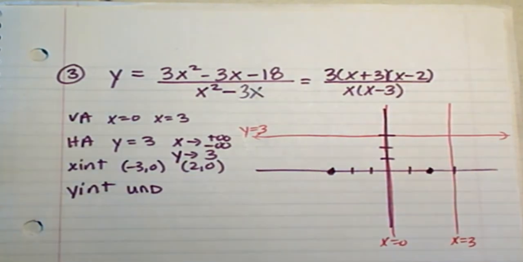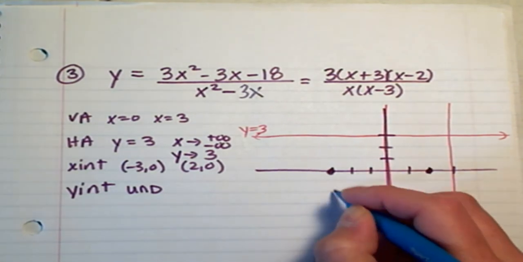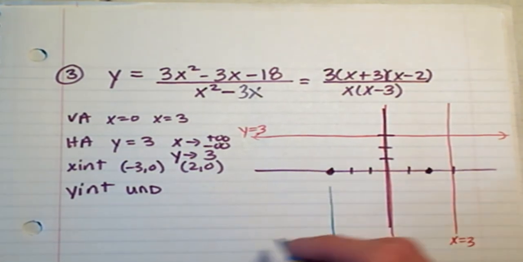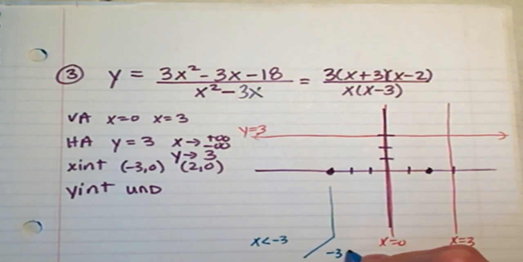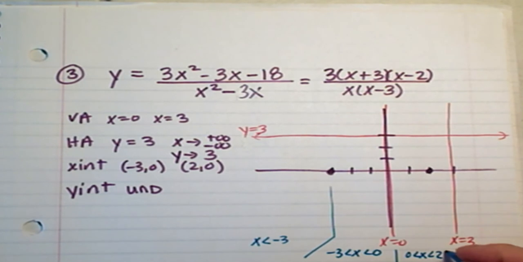Okay. Here we go. Now, thinking about these sections, okay, I have x less than negative 3. Then I have between 3 and 0. And then I have between 0 and 2.